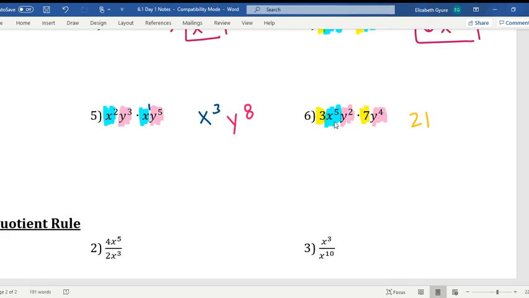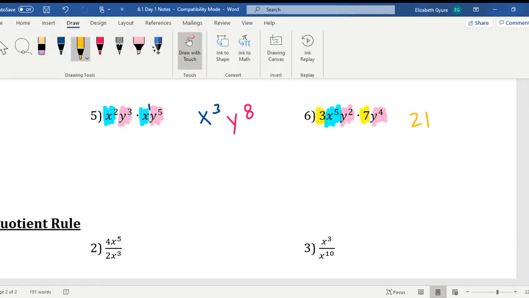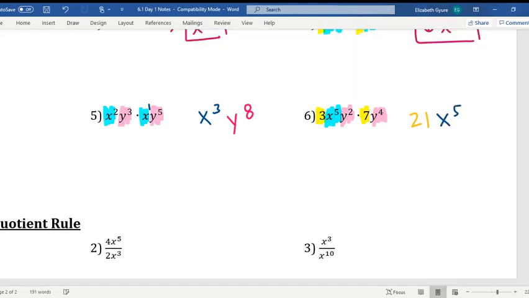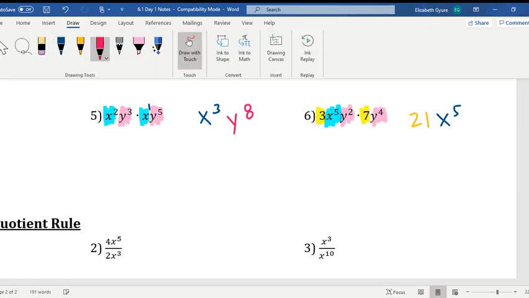Are there any other x terms for him? No. So I'm just going to bring it along as part of my answer. I can't do anything with it. And then I have y squared and y to the 4th. What's y squared times y to the 4th going to be? What's my rule? What do I do with my exponents?